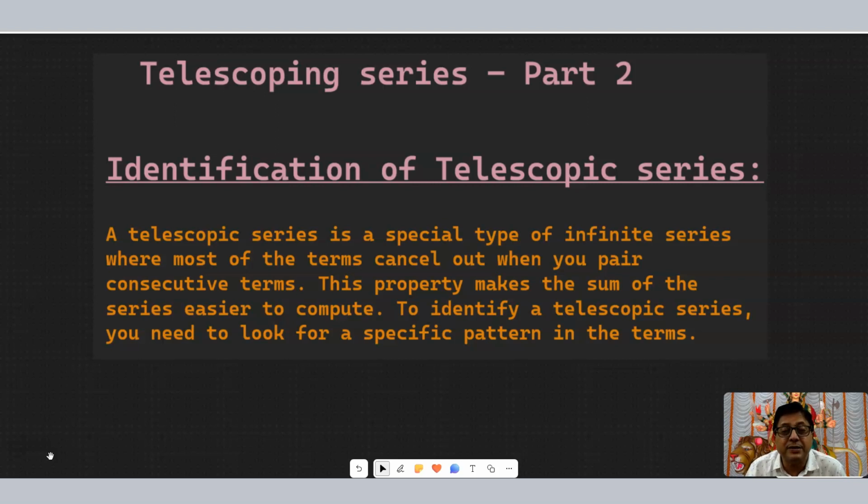Maybe we are taking the sum of 20 terms or 30 terms or n number of terms. But the series is infinite, where terms are written by using the plus sign in between them, and it continues in this manner.